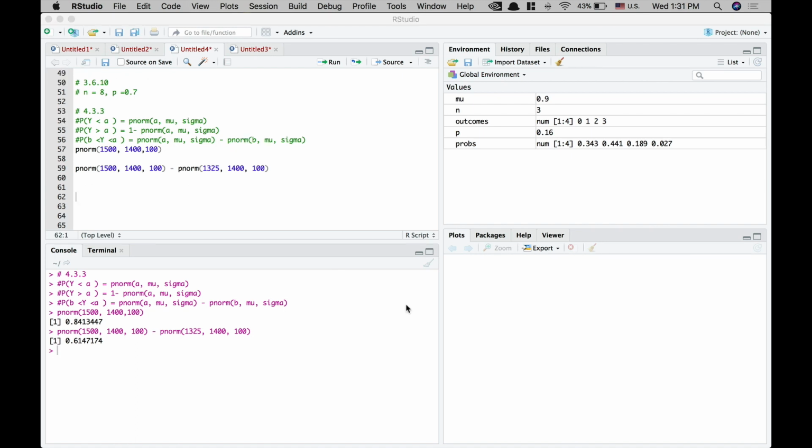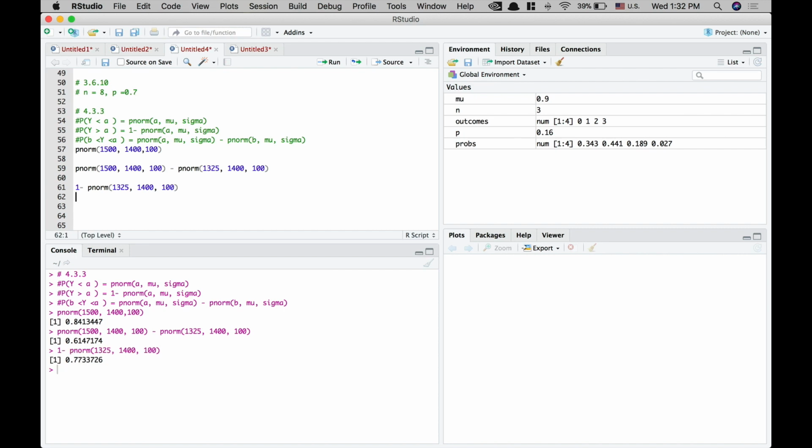Okay, the last thing: if you want to calculate the probability that any randomly selected y is greater than a certain threshold, you have to use the function pnorm, find out the flip side, and then subtract it from 1. So for instance, part C is given by 1 minus pnorm of 1325, with still the same mean and the same standard deviation.